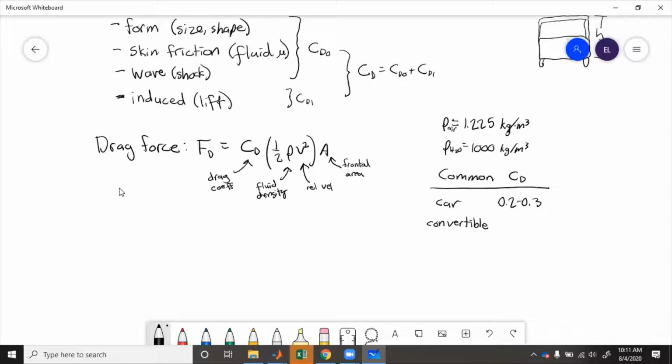It has a rough surface, there's no car roof, so it just hits the people. That's 0.6 to 0.7. And then a bus is also pretty high, 0.6 to 0.8. Truck, 0.8 to 1.0.